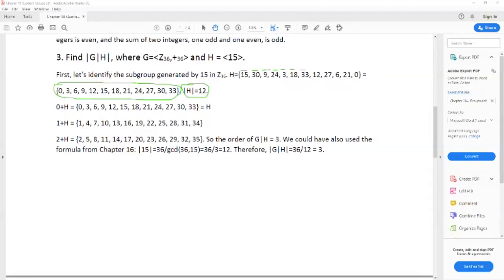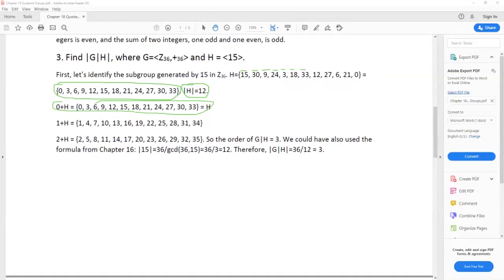Notice that H consists of all of the multiples of 3, which means I can separate Z36 into 3 groups. Those that result from 0 plus H, which is the multiples of 3.